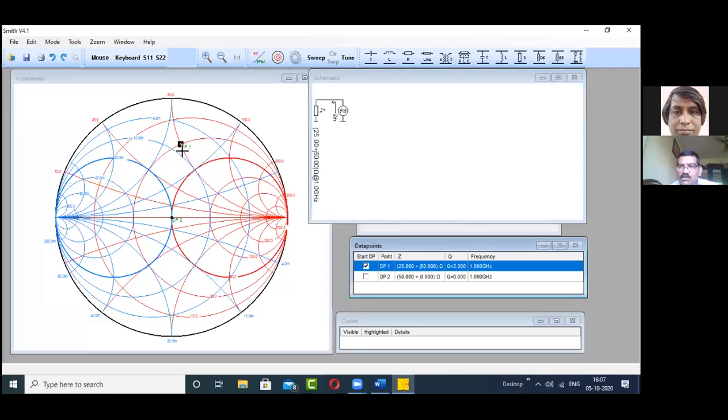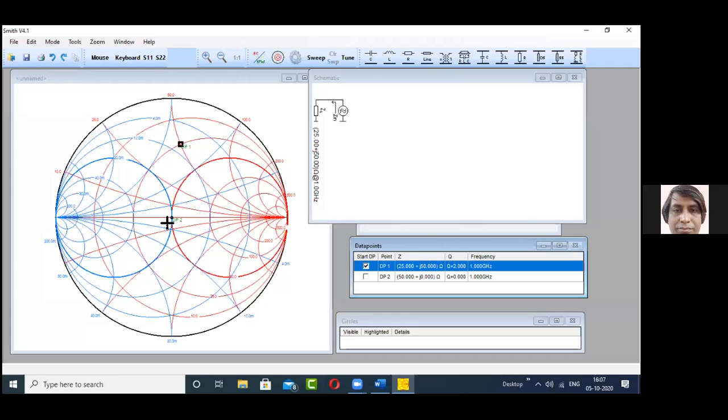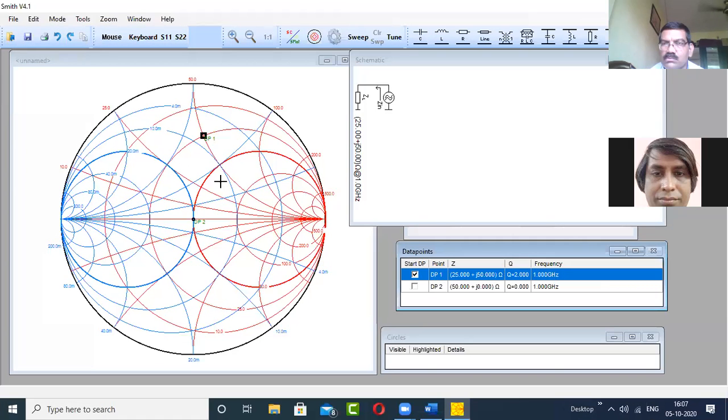So let's start. As your goal is to move to the center of the Smith chart, you can move on this red circle, and from there you can move to the center of the Smith chart with the help of this dark blue circle. This dark blue circle and this dark red circle are the only two circles which pass through the center of the Smith chart. The reason: the real part for the red circle is 50, and for this blue circle the imaginary part is 1 by 50, because it is an admittance chart.